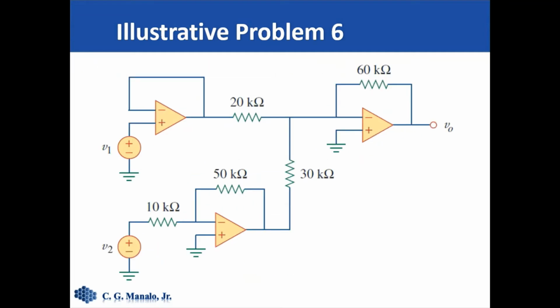Okay, so let's solve this on a per op-amp basis. Let's start with this op-amp. This one is a voltage follower, meaning whatever is the input should be the output. This follower is the same configuration that we have shown earlier.